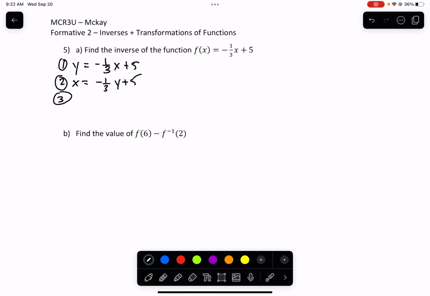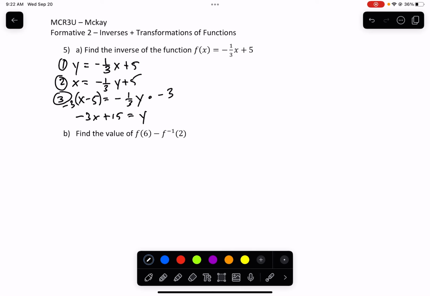Solve for y again. Okay, you're gonna re-isolate for y. So x minus 5 is gonna equal negative 1/3 y. If I multiply both sides by negative 3, I'm gonna see that I get negative 3x plus 15 is equal to y.